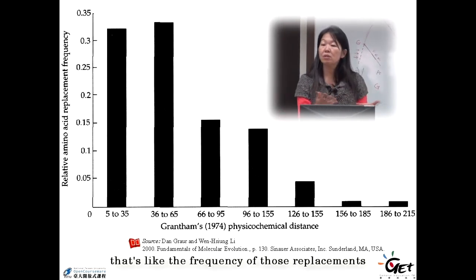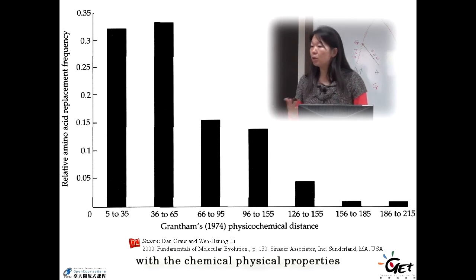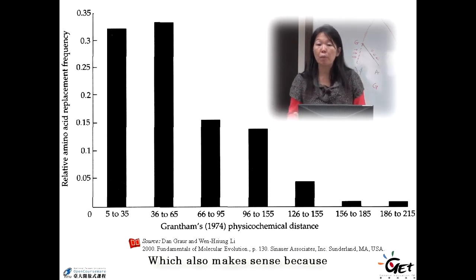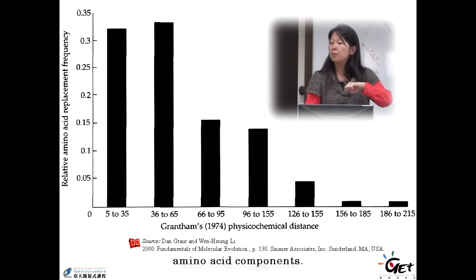The frequency of those replacements occurring in our natural population more or less agrees with the chemical and physical properties, which also makes sense because the protein is made of all these amino acid components.